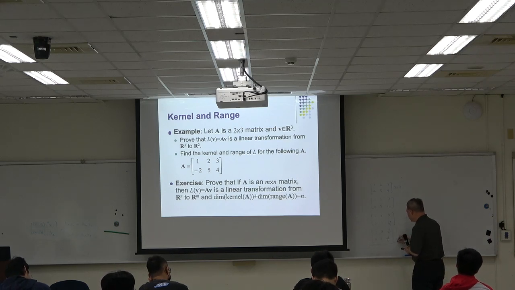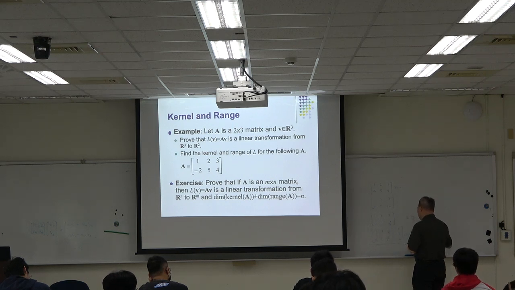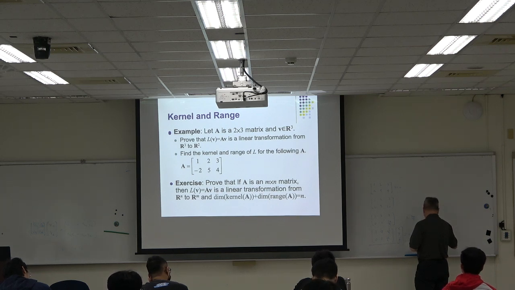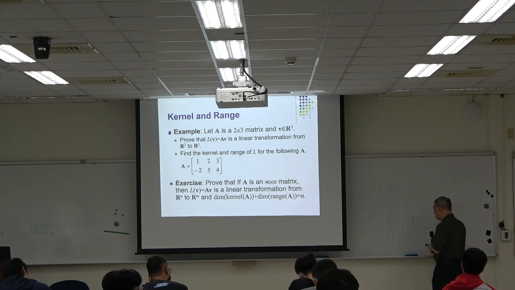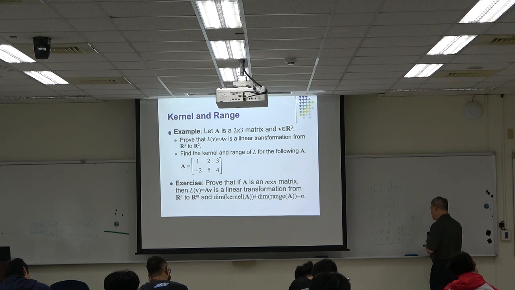So let's just use x, y, z. So we know x plus 9/7 z equals 0, and we have y plus 9/10 z equals 0.